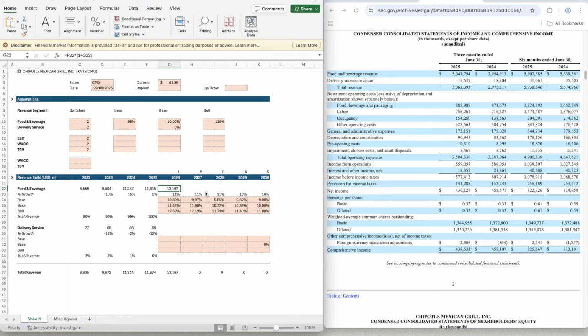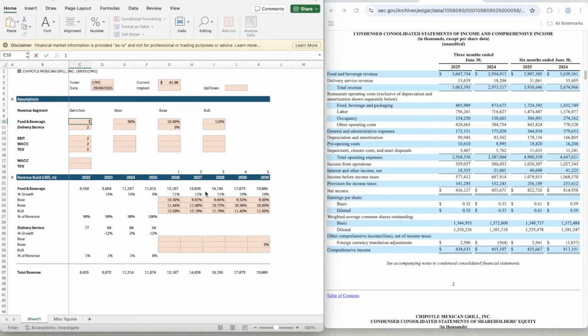So to get that, we take the previous year and we multiply it by 1 plus the growth rate. In this case, we take the 11.8 billion multiplied by 1 plus 11%. And that way we can just go like this, boom. And I'll show you how it works.